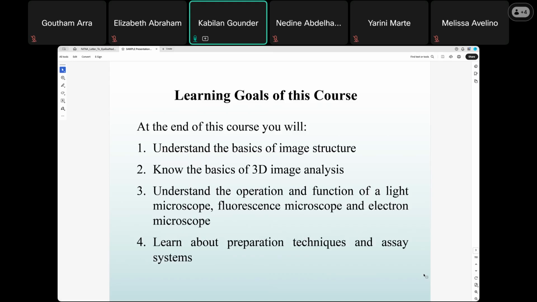Also, this course gives you an opportunity to understand the basics of the structure of any given samples which you observe under different types of microscopes. You should also know, once you see an image, whether it comes from light microscopy, electron microscopy, confocal, or any other microscope.